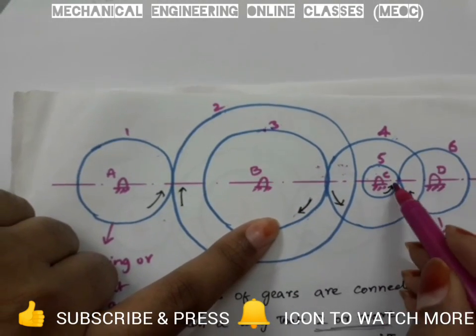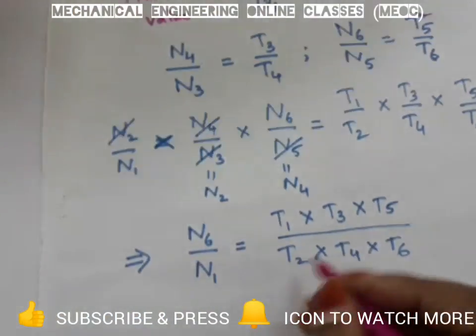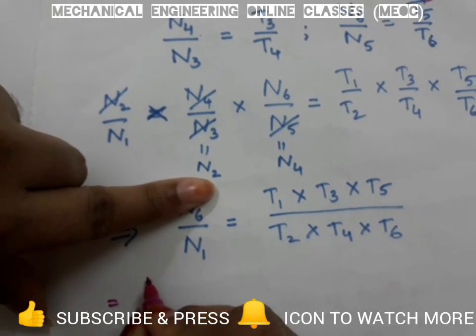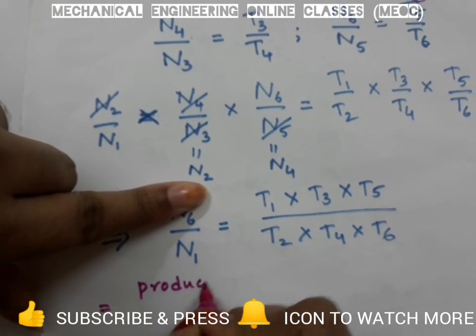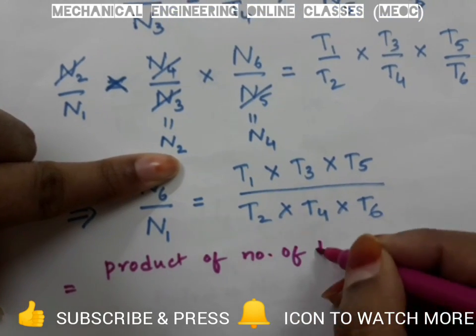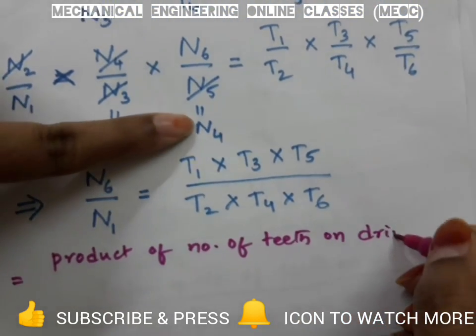Similarly in the 5-6 combination, 5 is driving. So 1, 3, 5 are driving gears. So I can write the numerator as the product of the number of teeth on driving gears.